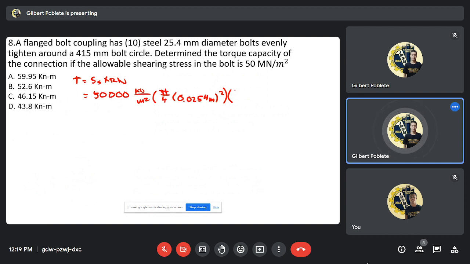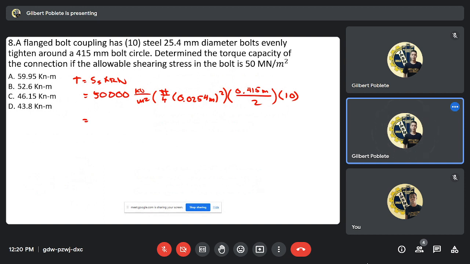Tapos yung radius natin is 0.15 meter over 2 times the number of bolts natin, meron tayong 10. Then, pwede natin siyang i-solve.